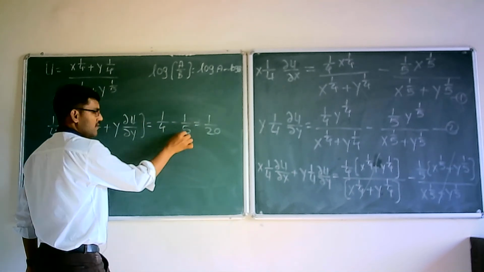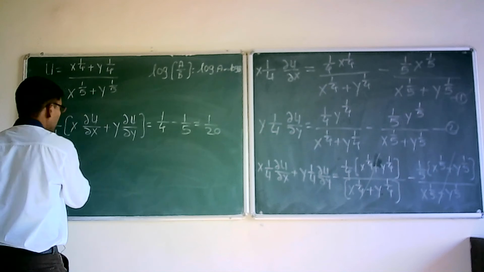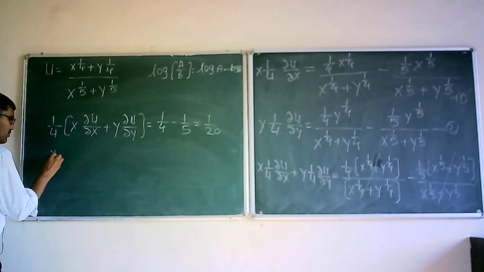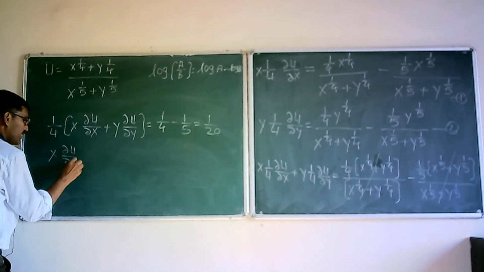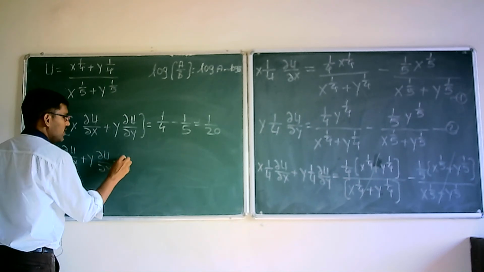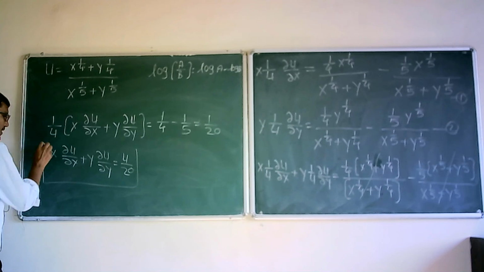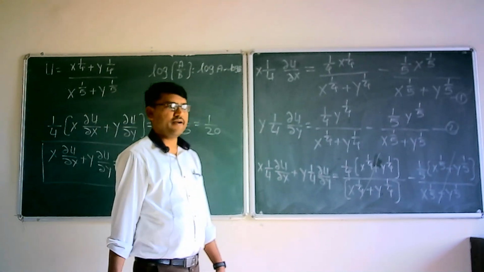If you take the LCM, 5 minus 4, it is 1 divided by 20. So if you multiply u on that side, you will get x del u by del x plus y del u by del y is equal to u by 20, and this is what we want to show here, and hence Euler theorem is verified.